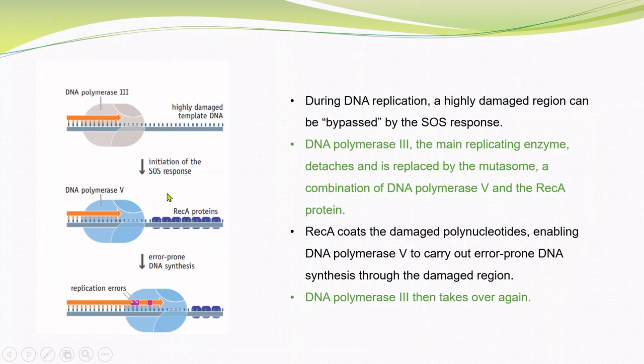It forms a kind of coating over the damaged polynucleotides, enabling DNA polymerase 5 to carry out the error prone DNA synthesis through the damaged region. Beyond that, DNA polymerase 3 can then take over. So replication has taken place, but there would be a lot of mutations in the cell. The cell preferred mutations over death.